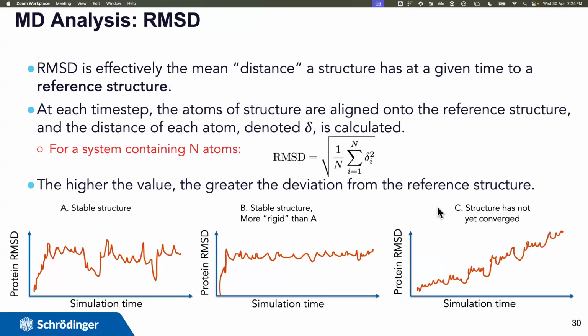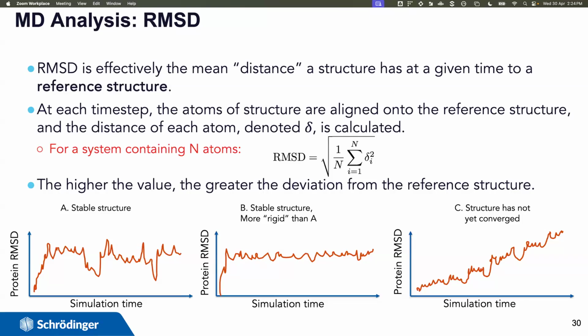If that does not solve your problem, maybe something went wrong in your initial structure preparation, or in whatever parameters you have defined. So you need to go back and check all the settings of protein preparation, ligand preparation, or whatever step you have done, and check carefully if you made some mistake. So that is how we explain the RMSD plot.